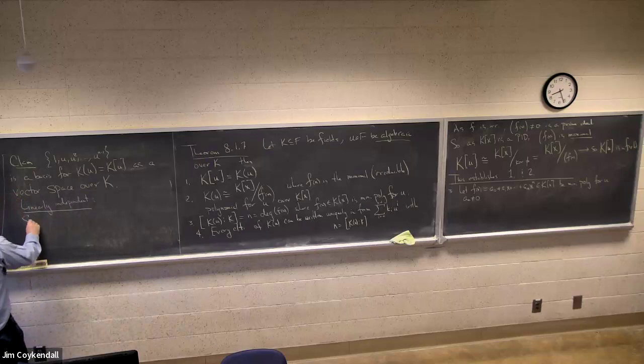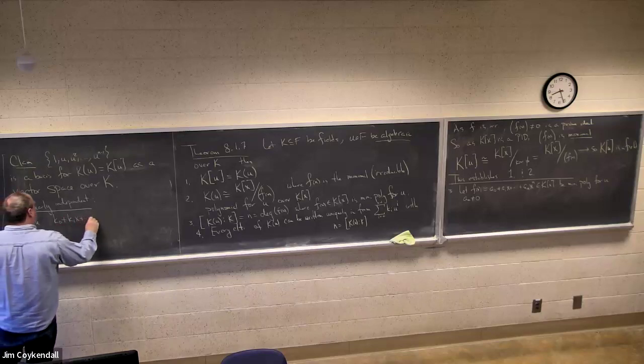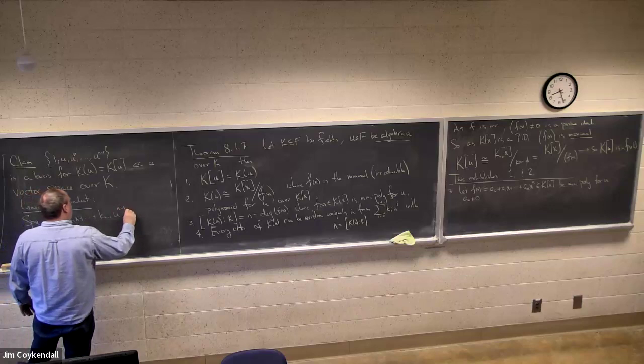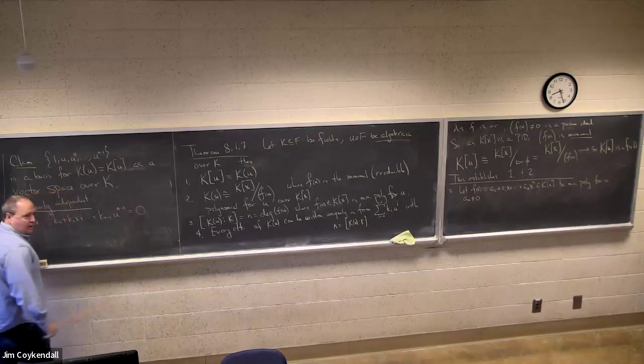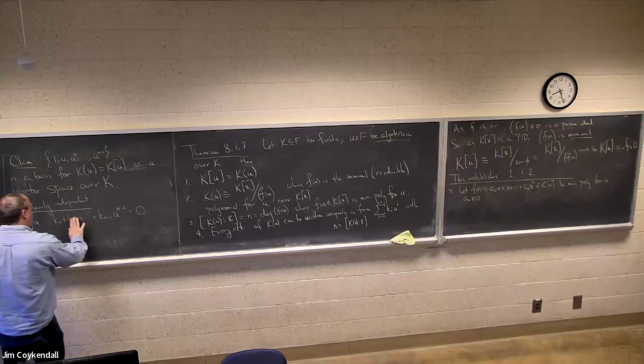Suppose k0 plus k1 u plus up to k n minus 1 u to the n minus 1 is equal to 0.